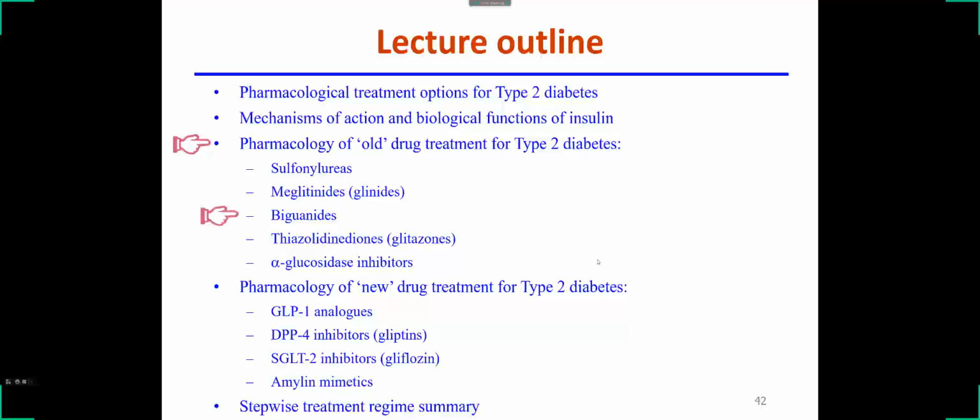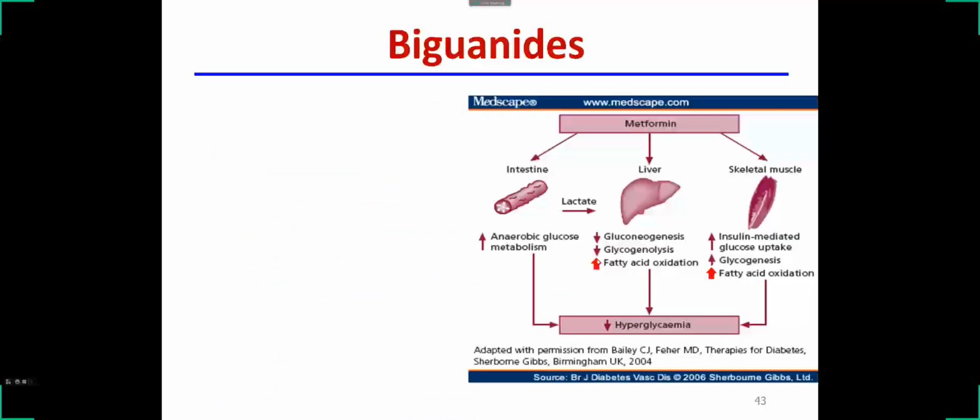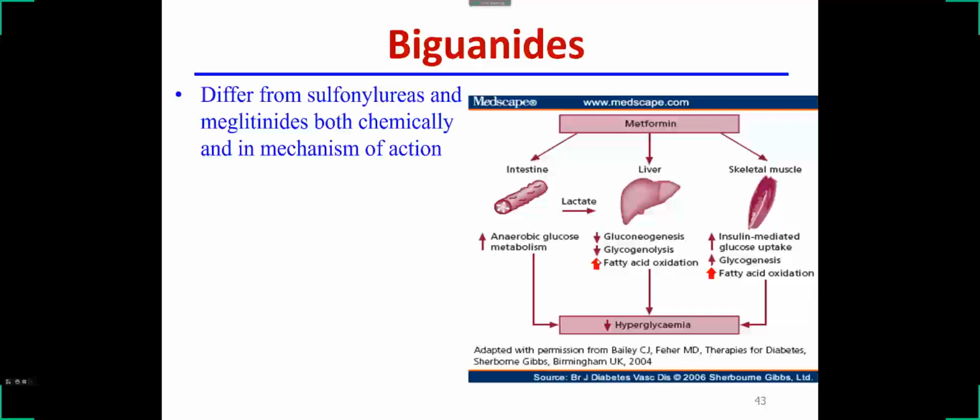Okay, what about the biguanides? These biguanides are different from the sulfonylureas and the meglitinides, both chemically and importantly in their mechanism of action. What does that mainly mean to us?